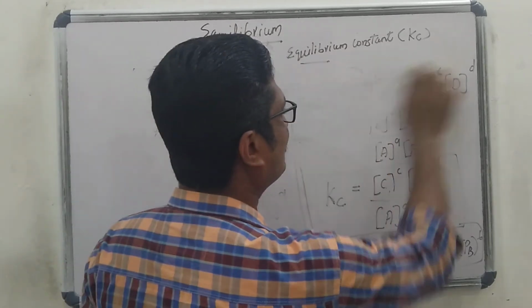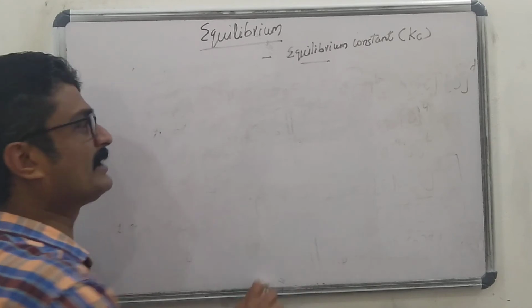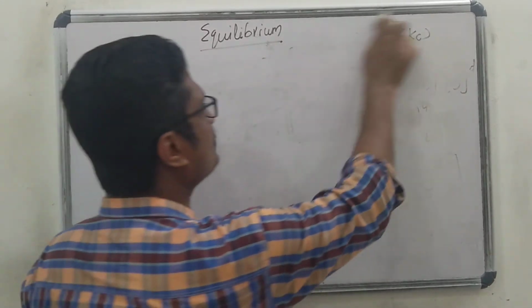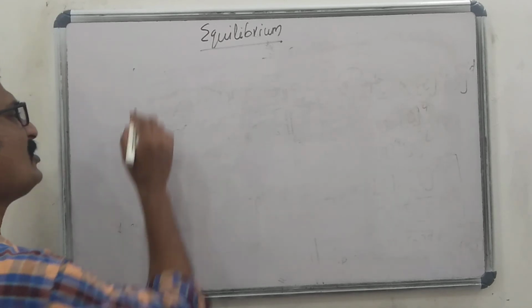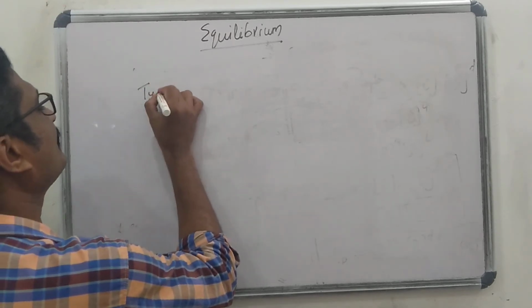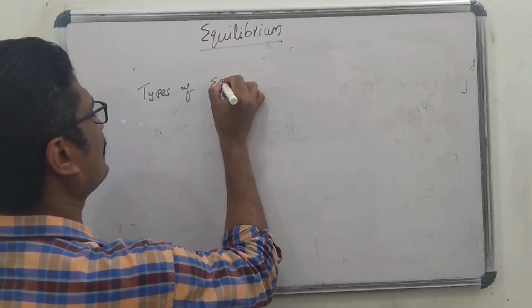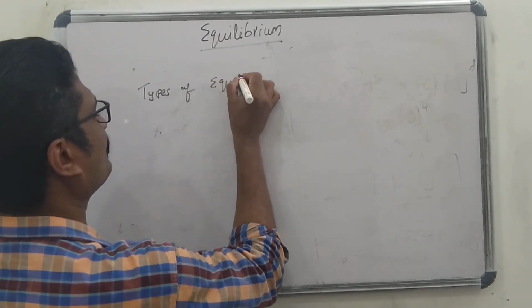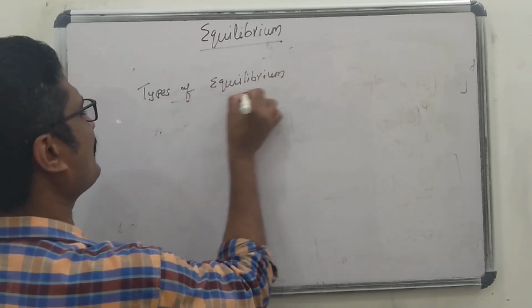Please listen. The next topic, homogeneous equilibrium and heterogeneous equilibrium. What is the difference between homogeneous equilibrium and heterogeneous equilibrium? These are the types of equilibrium. Equilibrium can be classified into two types.